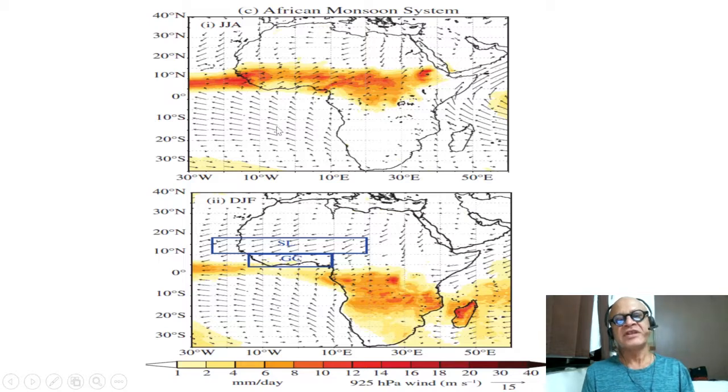And there is a relation. We talked about the Atlantic Nino and the cold warm patterns that can get set up, which can affect the interannual variability and decadal variability of the Sahel rainfall as well. As we saw before, the variability here is strong on decadal time scales.